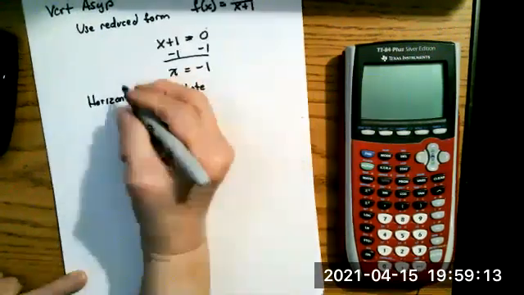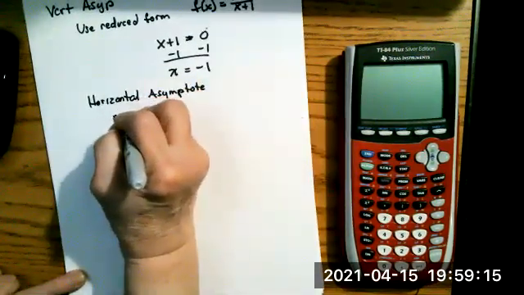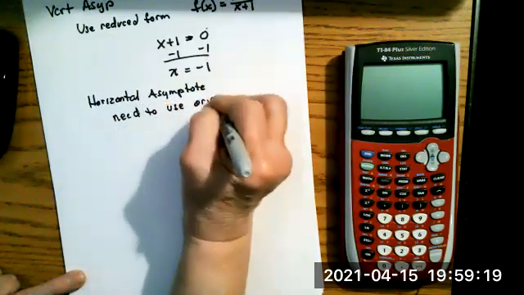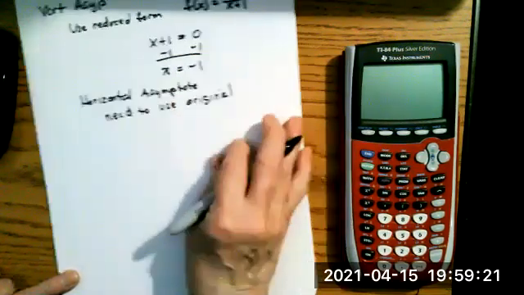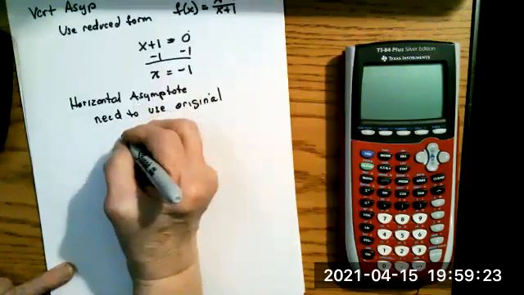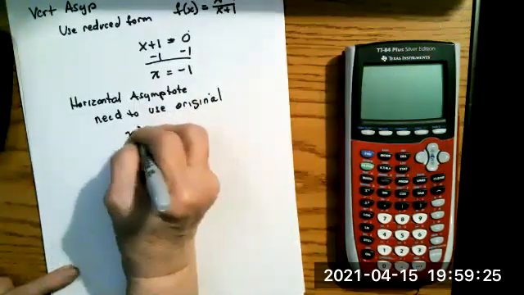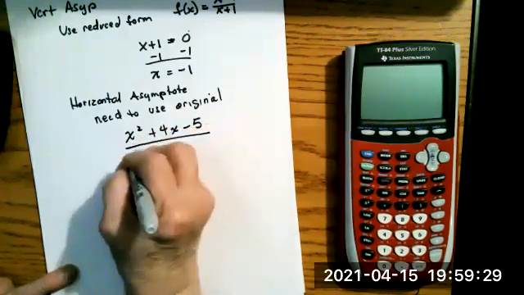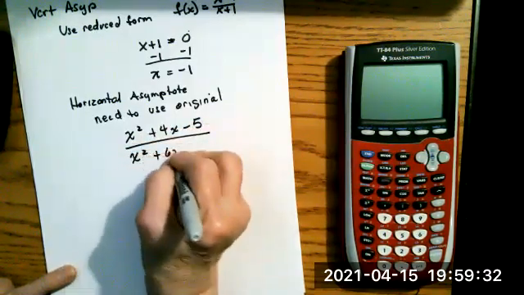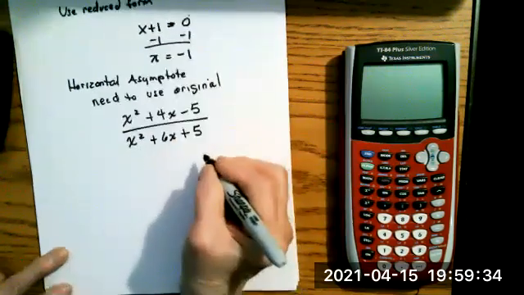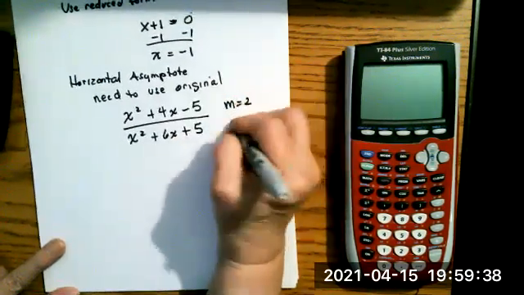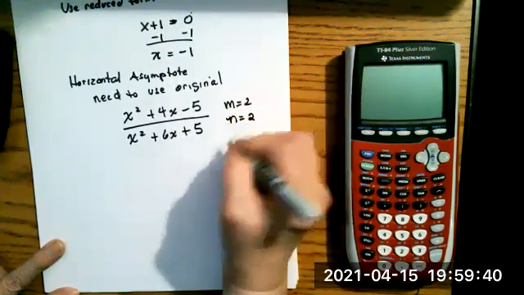On the horizontal asymptote, you need to use the original one because sometimes there's a sign change. So our original one was x squared plus 4x minus 5 over x squared plus 6x plus 5. So m is equal to 2. N is equal to 2.